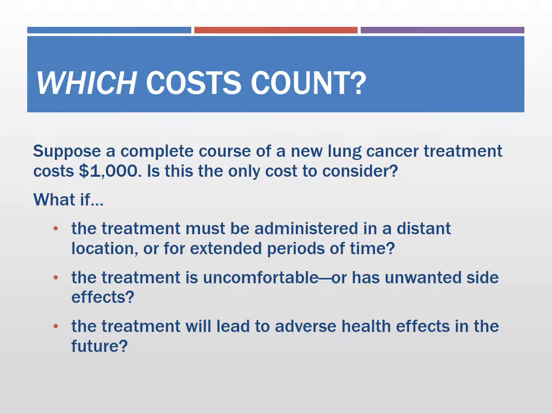What if the treatment must be administered in distant locations for an extended period of time? What if the treatment is uncomfortable and has some unwarranted side effects? And what if the treatment will lead to adverse health effects in the future? Those are the questions that arise, and those are the costs that the social planner will consider.